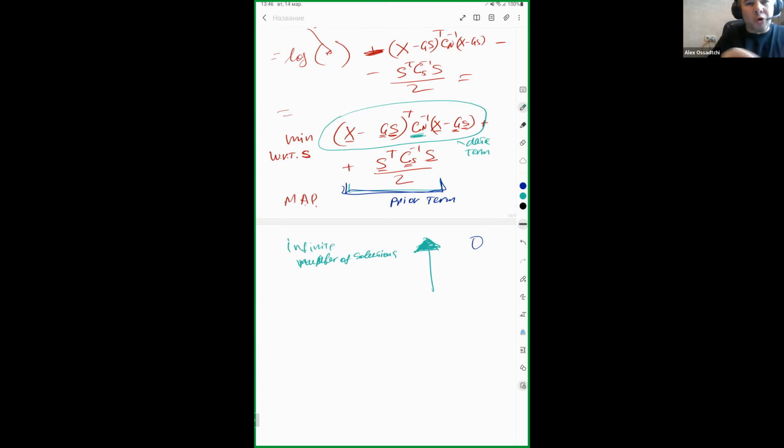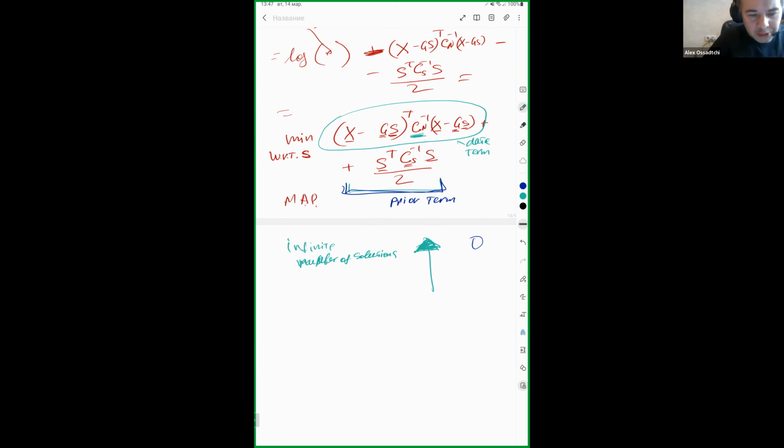If the noise is small in my data model, then I will trust my data a lot, and only a little bit trust my prior. On the contrary, if there is a lot of noise in the data, I will trust my prior more, and I will tend to have small amplitude sources, because the prior favors the sources which produce the smallest quadratic form with Cs, right?